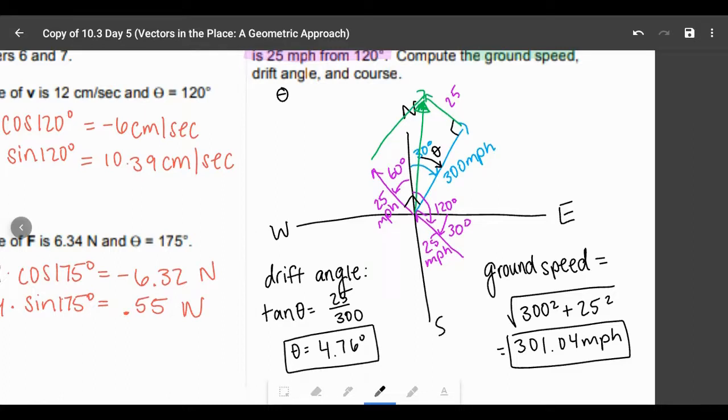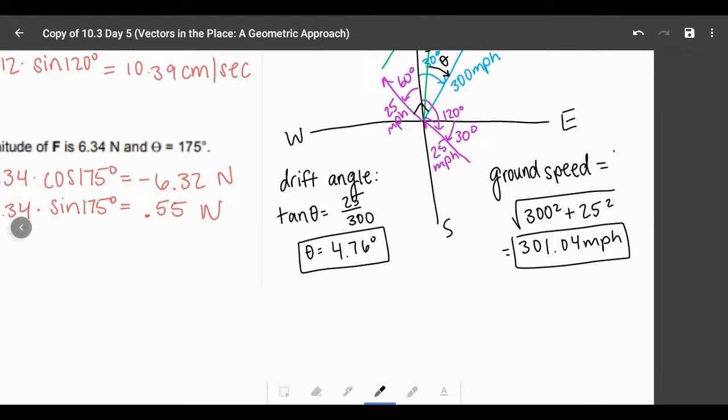Our course angle is actually going to be the angle between north and my ground speed vector. So let's call this angle alpha. Remember that my original blue vector for my heading was 30 degrees. Notice that alpha and theta together should add up to 30 degrees.